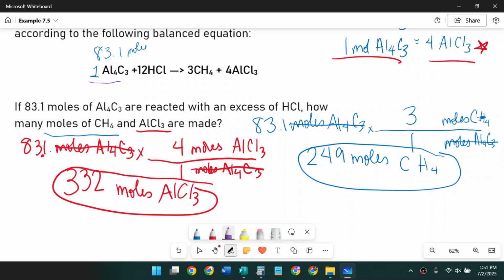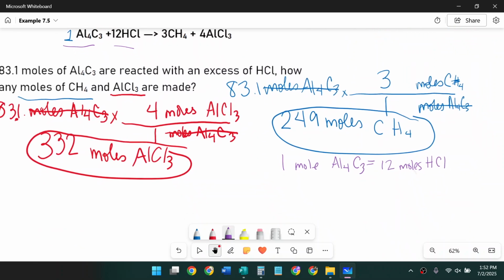So for every 1 mole of this, we have 12 moles of this. So for every 1 mole of Al4C3, we also need 12 moles of HCl.